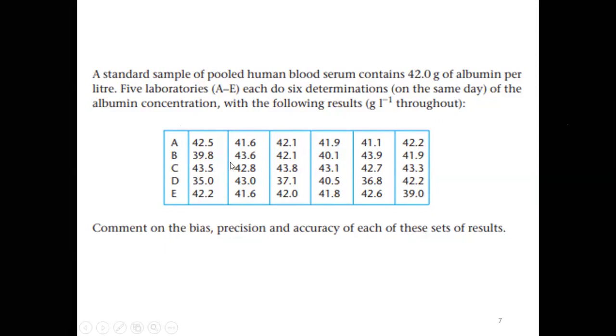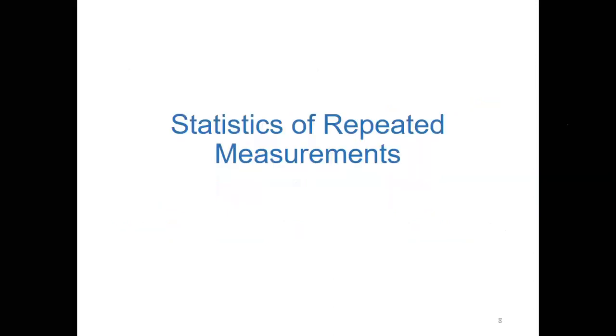Those are the results they got, and you have to comment on the bias, precision and accuracy. It's the same as the example that we discussed. So, based on this, you can comment on the bias, precision and accuracy. Okay, so those are the errors which can happen.